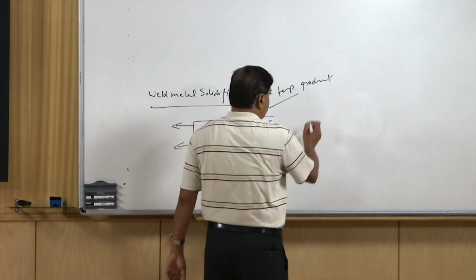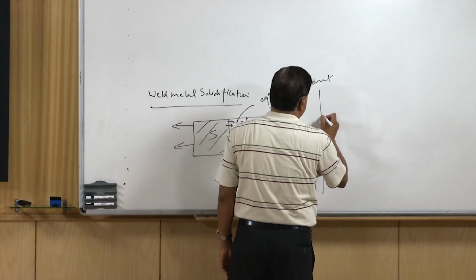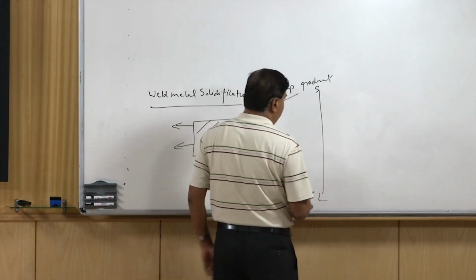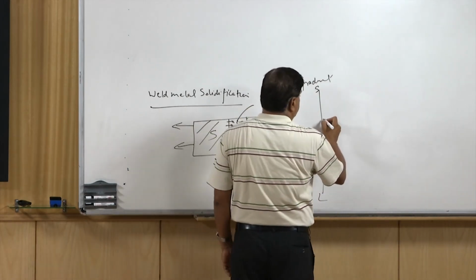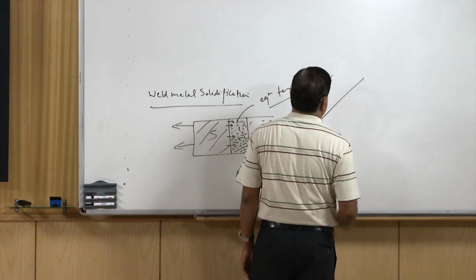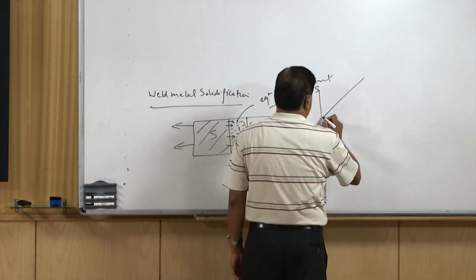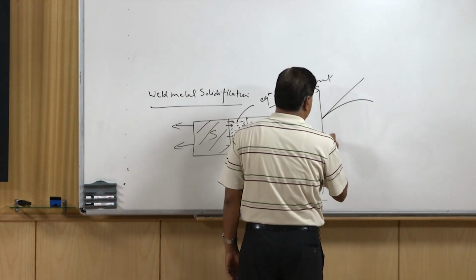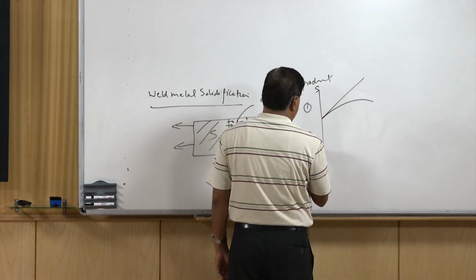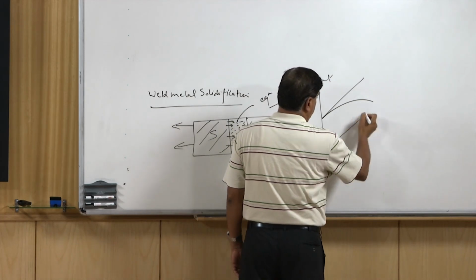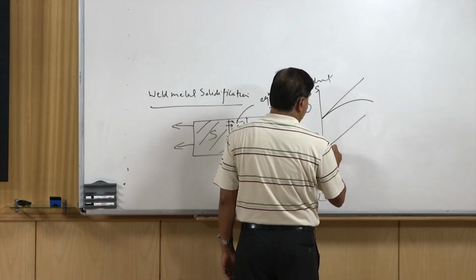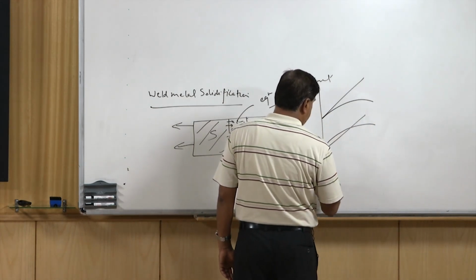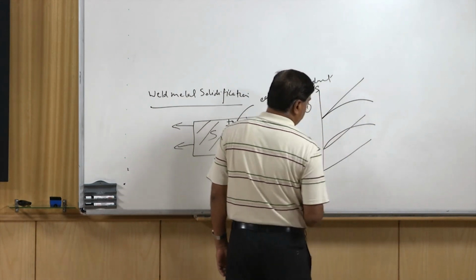If we see this, a typical solid-liquid interface, the actual temperature gradient as per the cooling conditions is this, and then the equilibrium temperature gradient may be like this. For another condition, for the same actual temperature gradient, we may have an equilibrium temperature gradient like this, and for a third case, the same actual temperature gradient again.